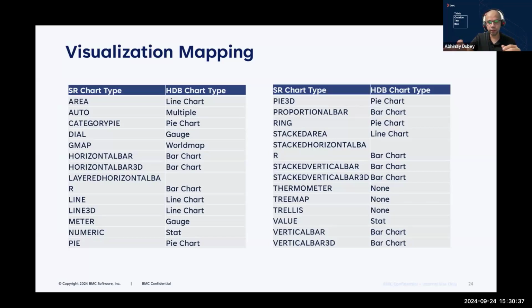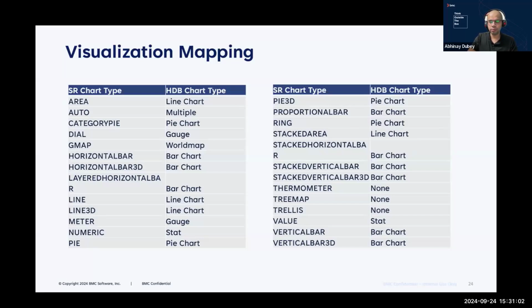Whereas in Helix Dashboard, it simply says bar chart, and you just have to configure it the way you want it to appear. In the same way, there are different visualizations which can be mapped to something similar in Helix Dashboard.